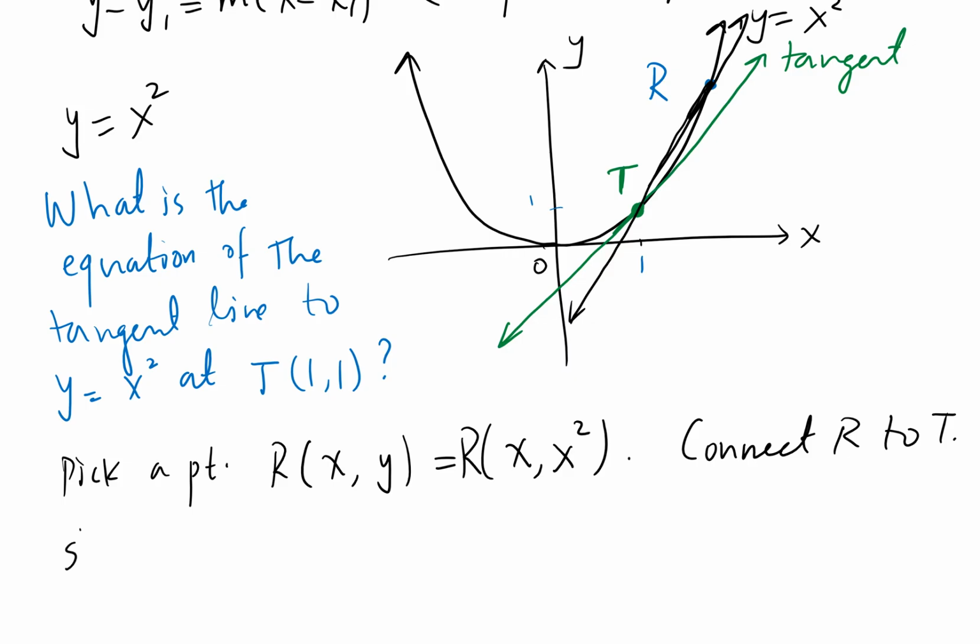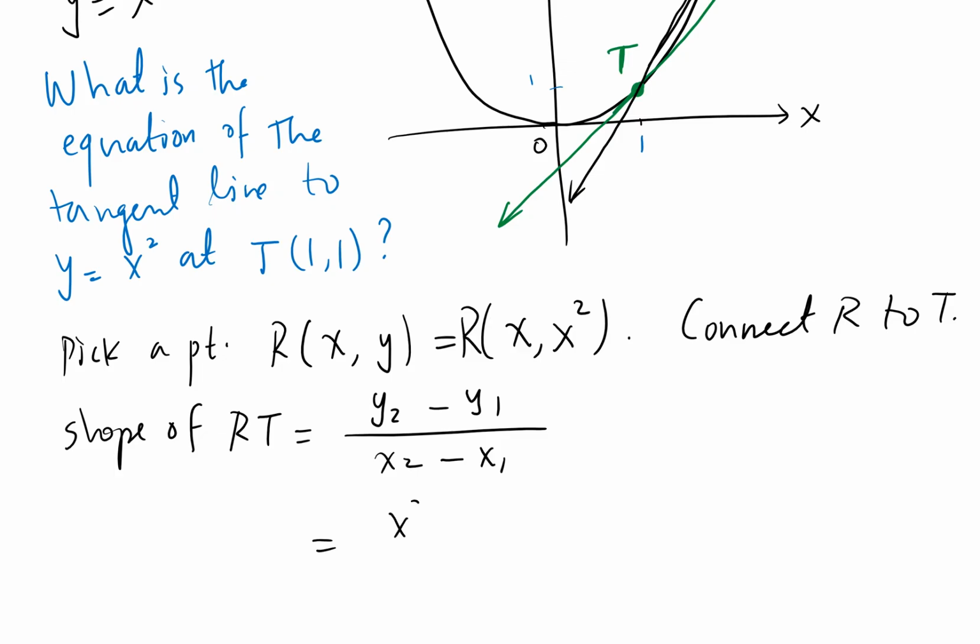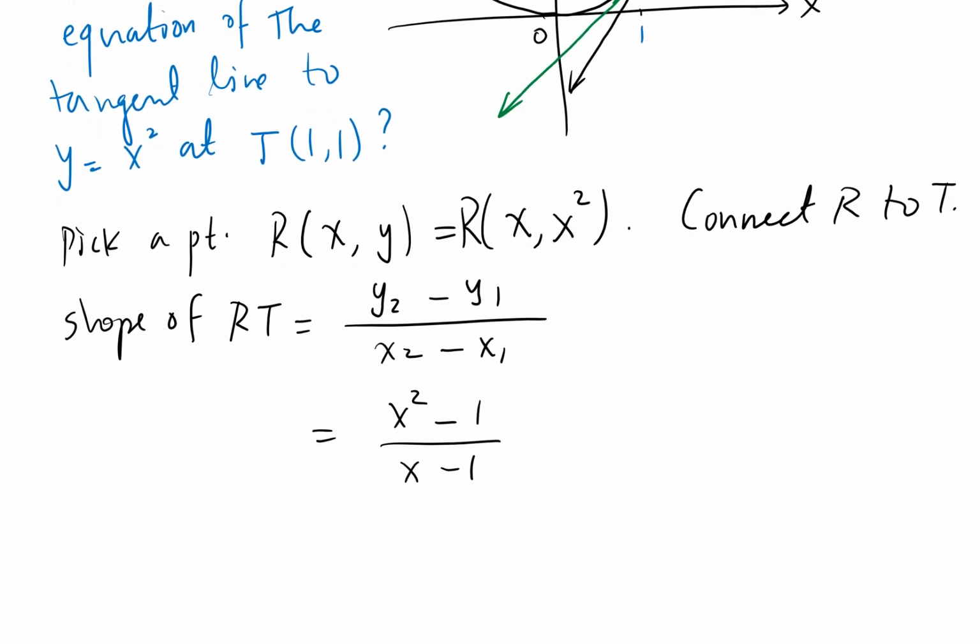So we find the slope of RT, which is the secant line. How do you find the slope? It's y2 minus y1 over x2 minus x1. y2 is x squared, y1 is 1, so x squared minus 1 over x minus 1, which is x plus 1 times x minus 1 over x minus 1. These cancel, so I got x plus 1.